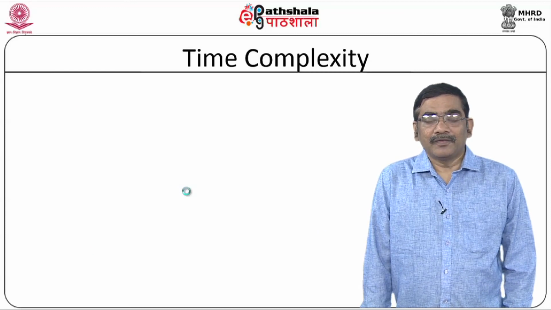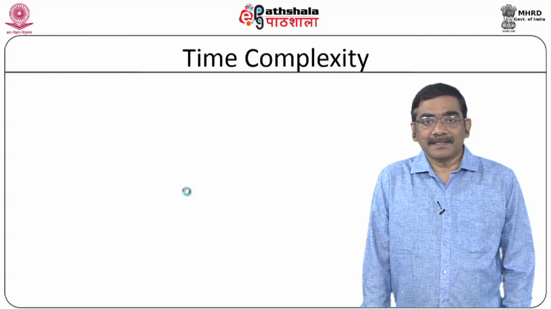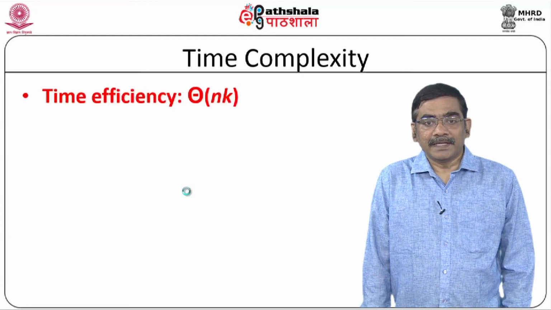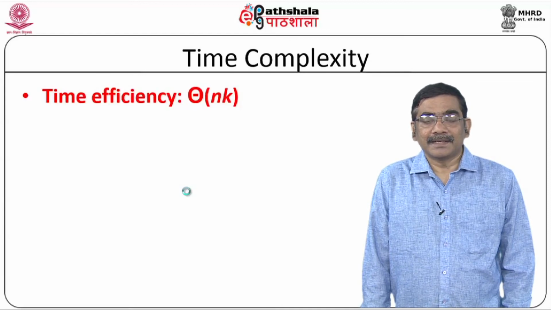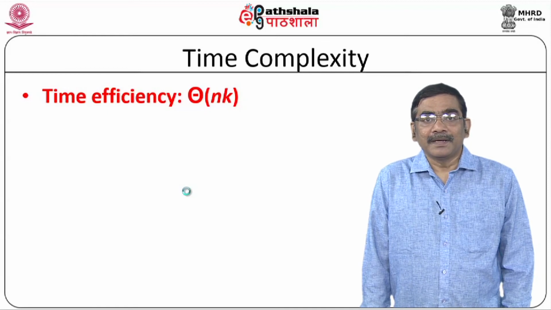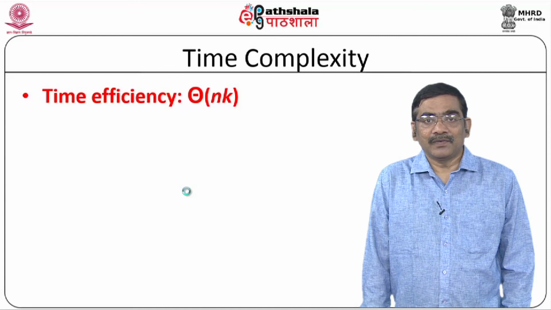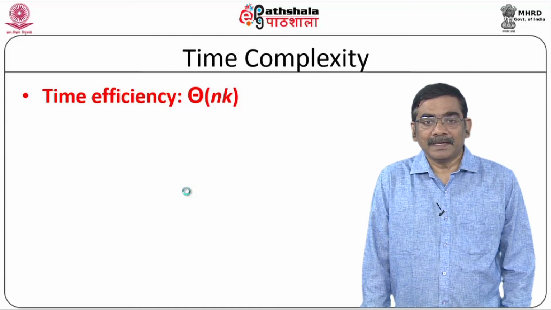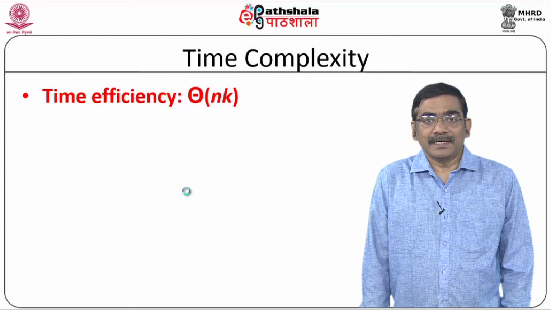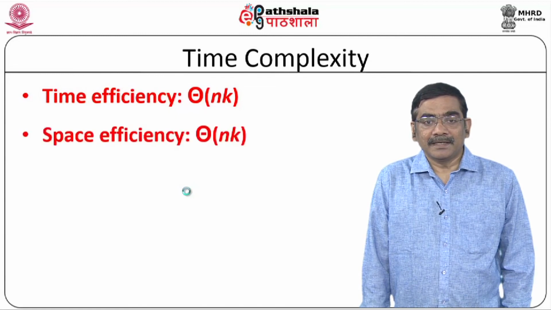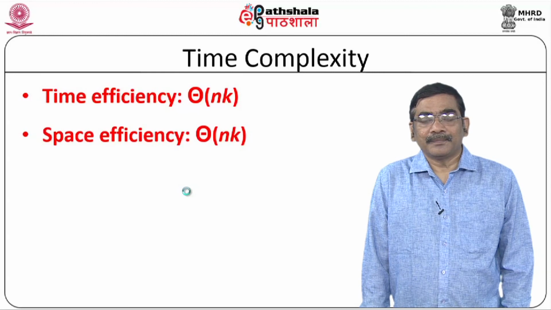The beauty of dynamic programming is that the complexity is almost proportional to the table entries. In this case you can see that it is dependent on n as well as k. Therefore, the time complexity is going to be theta of n k. Suppose if k is equal to n, at most it can take theta of n square.